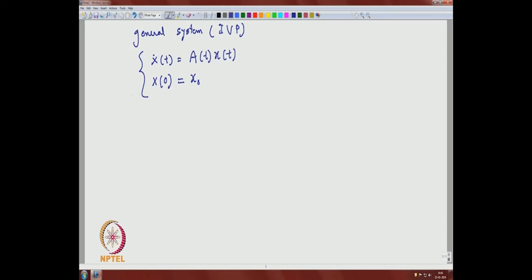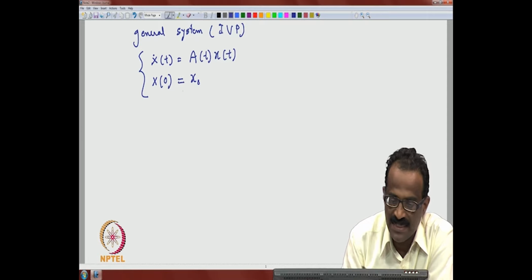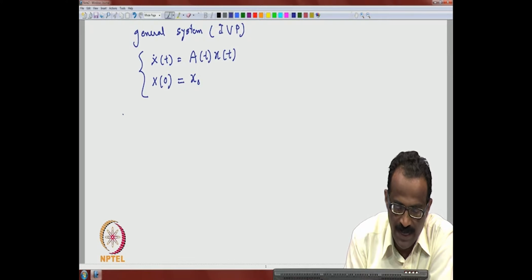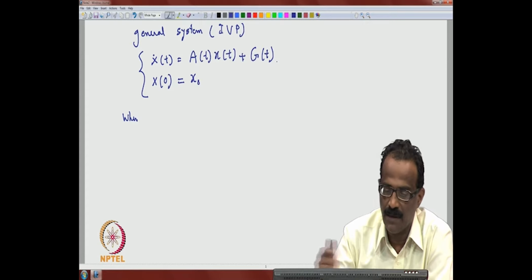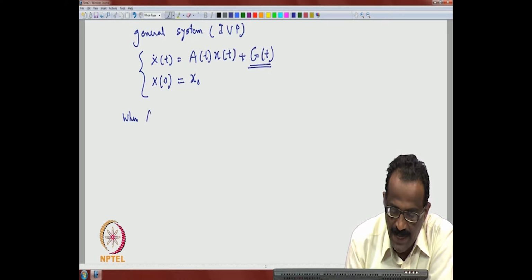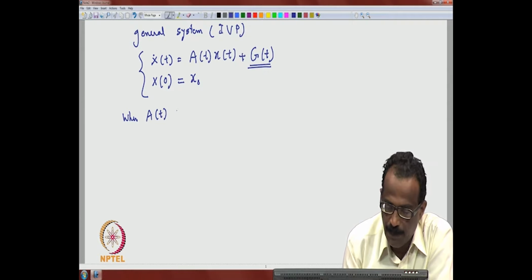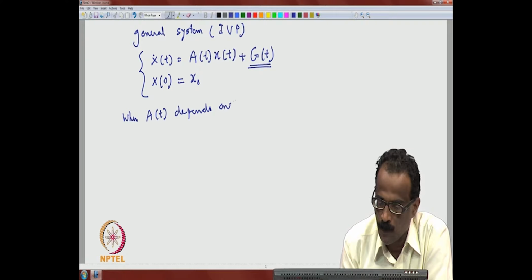Of course, in general we are not going to concentrate on systems such as this one, where A depends on t, plus some g(t), a non-linear term, which gives you a non-homogeneous system. When A(t) depends on t, it is called non-autonomous.